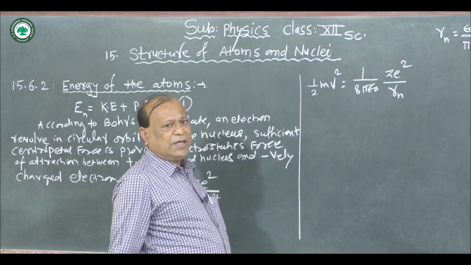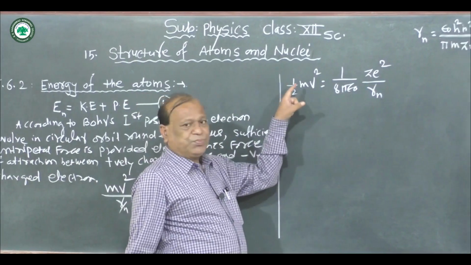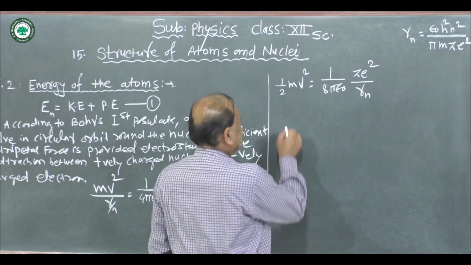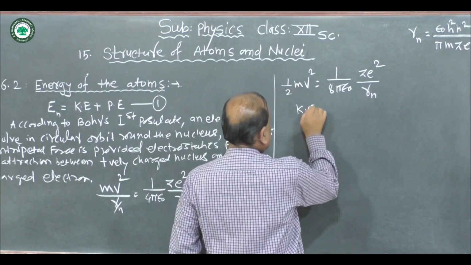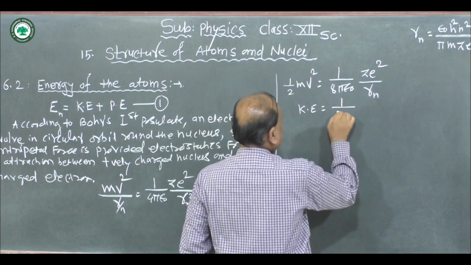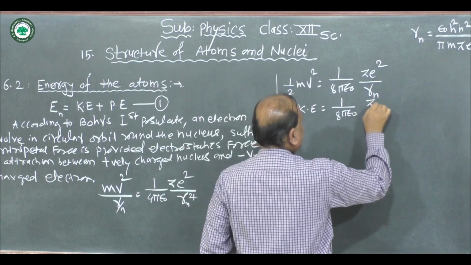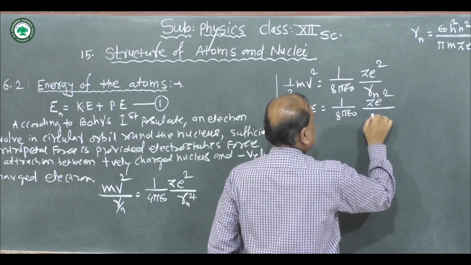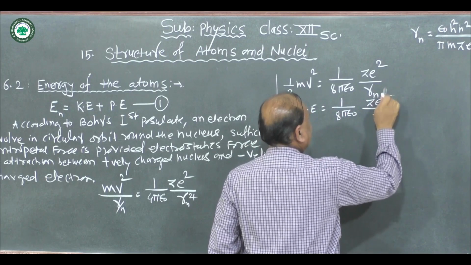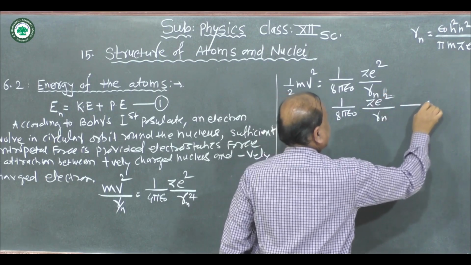What is this? This is the kinetic energy. The kinetic energy is equal to 1 upon 8 pi epsilon 0 Z e square divided by Rn. This is equation number A.